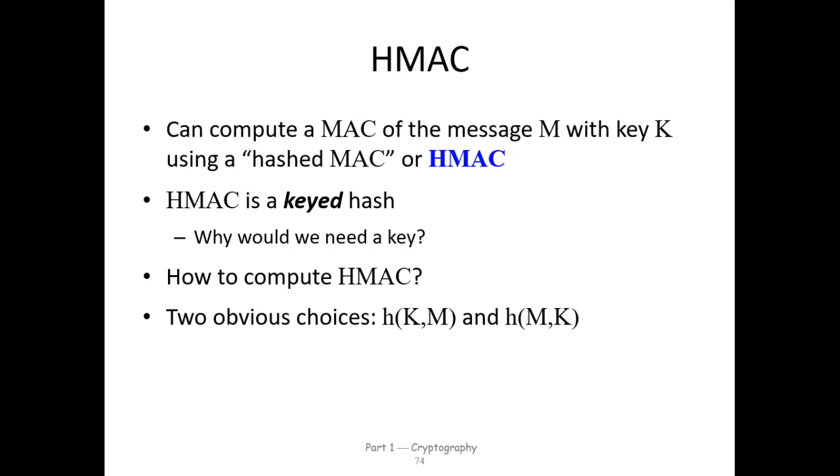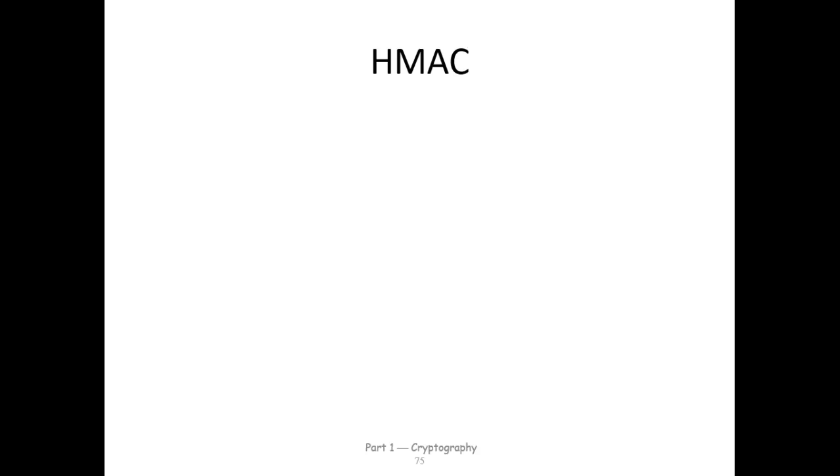So we can compute HMAC in either of two choices, H of K comma M and H of M comma K. We have to discuss which is better for calculating HMAC, H of K comma M or H of M comma K. Should we compute HMAC as H of K comma M, as I discussed in the previous slide?